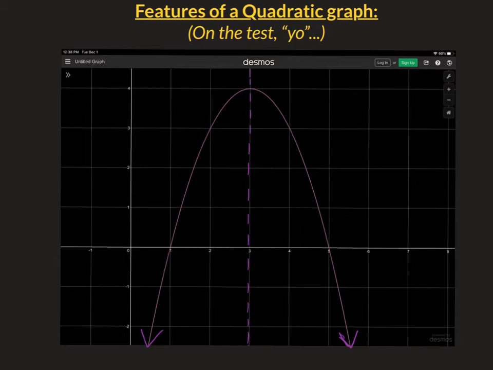So let's talk about that real quick. Do you guys know what symmetrical means? It means that if you were to fold something in half along that line of symmetry, it would match up and be exactly the same. For instance, a picture of your face. If we were to fold it side to side in half, your face will match.